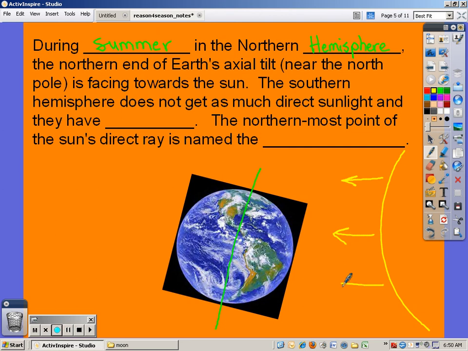The most direct rays are hitting the Earth above the equator, so the northern hemisphere is getting the most direct rays, and then the southern hemisphere does not get as much direct sunlight, and they have the opposite season, which would be winter.